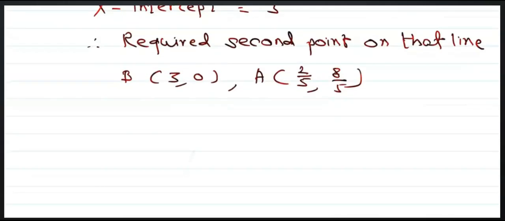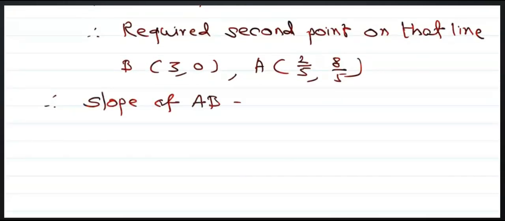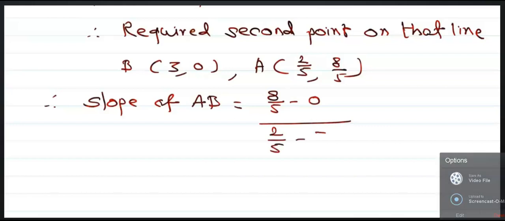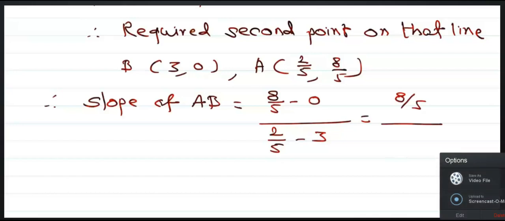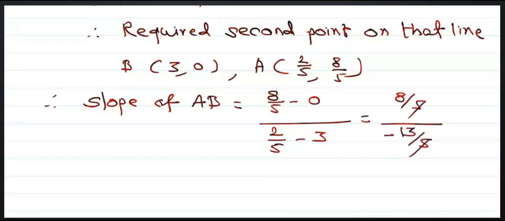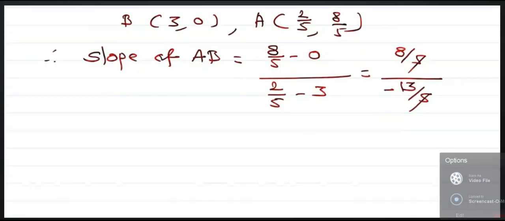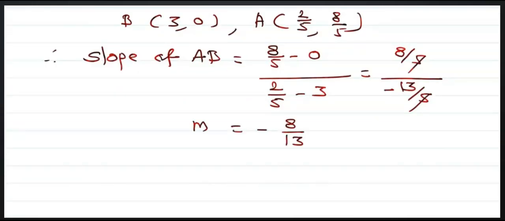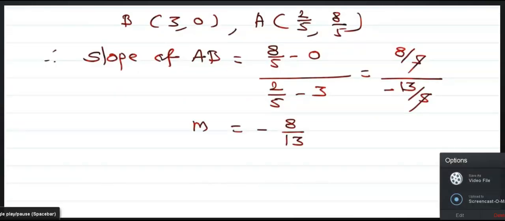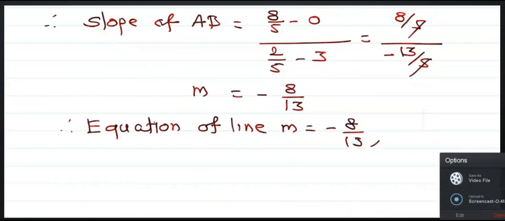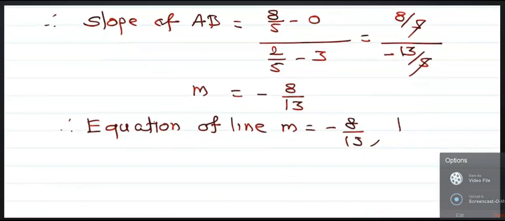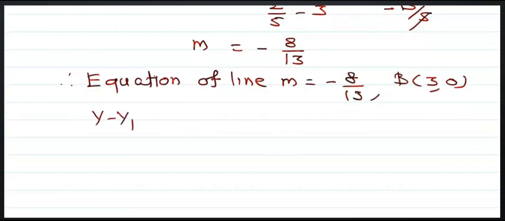A is (2/5, 8/5) and B is (3, 0). Therefore, the slope of AB is (8/5 minus 0) upon (2/5 minus 3). Now simplify this: (8/5) upon (minus 13/5). The 5 gets cancelled: minus 8/13. This is the slope, m = minus 8/13. B is (3, 0).